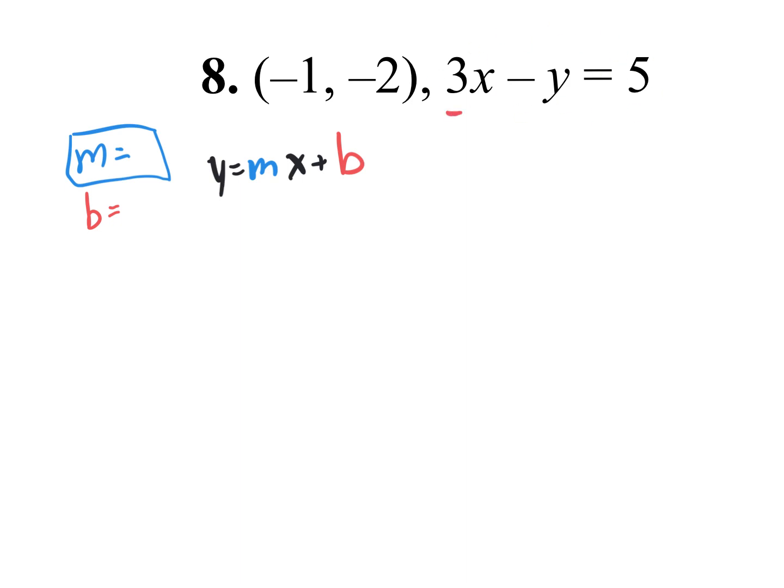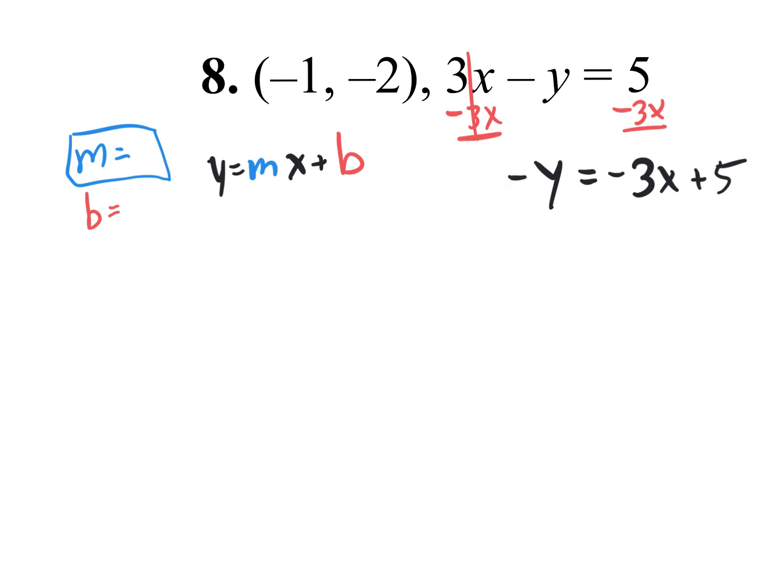I'm going to start by subtracting 3x and subtracting 3x. And when I subtract 3x, my new equation is going to be a negative y equals, and I'm going to rewrite 5 minus 3x, but I'm going to write it as negative 3x with a positive 5. That way it starts looking like slope-intercept form, but it's still not in slope-intercept form because I have a minus sign right here, and I need to get rid of that minus sign.